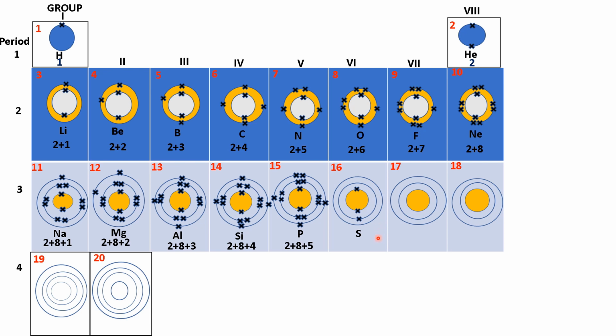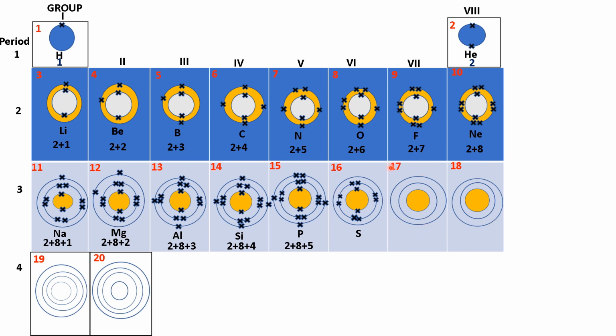The distribution of electrons is 2 plus 8 plus 6. The 6 electrons in the outer shell are called valency electrons. These 6 electrons indicate the group number, so group number 6. And we have 3 shells, which indicates period number 3.